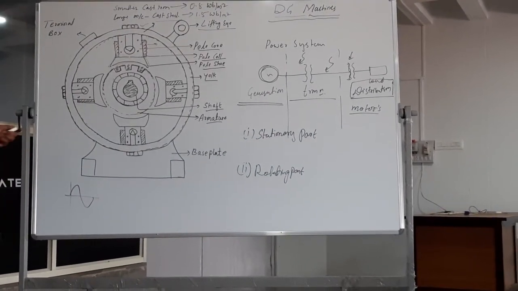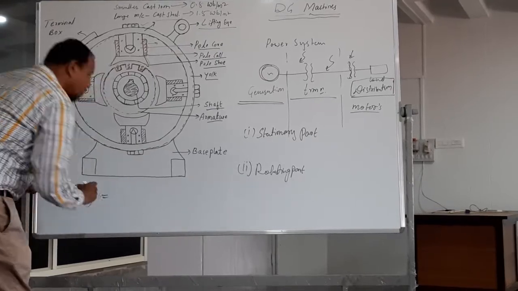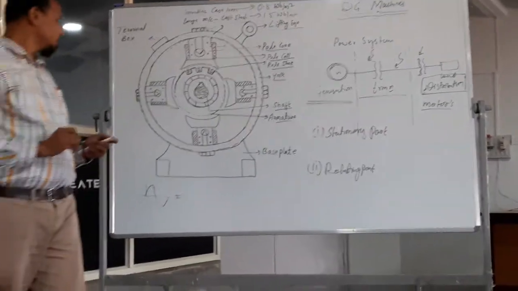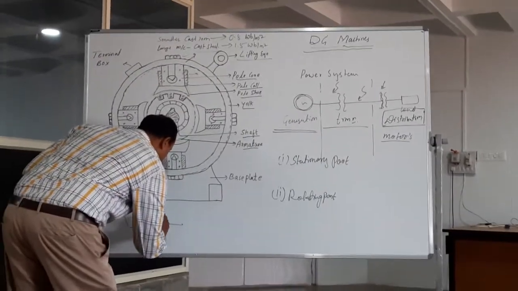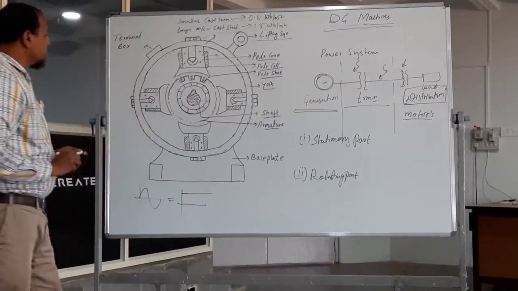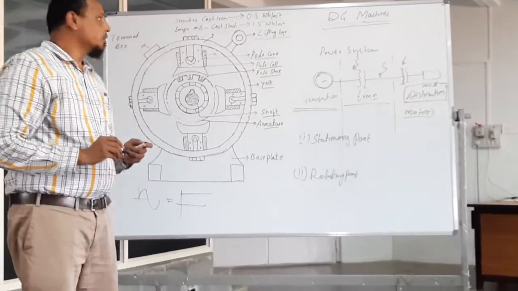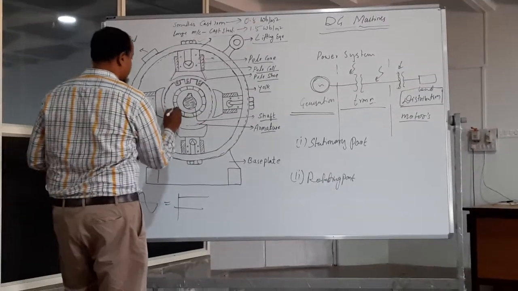But we need to connect to the outer periphery, that is the load, in the form of DC. So here, to convert this AC into DC, we need this commutator.